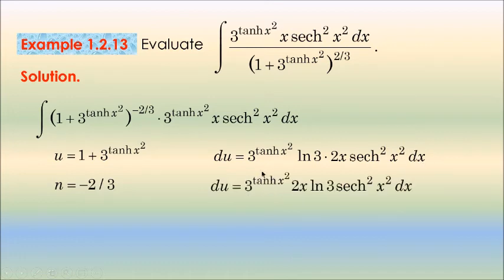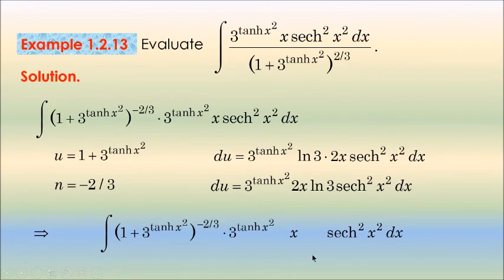So this is also equal to 3 to the hyperbolic tangent of x squared 2x ln 3 hyperbolic secant squared x squared dx. So checking for its possible du, there is a missing constant factor 2 ln 3. So let us supply such. So we have 2 ln 3 multiplied inside, balanced outside by its reciprocal 1 over 2 ln 3.